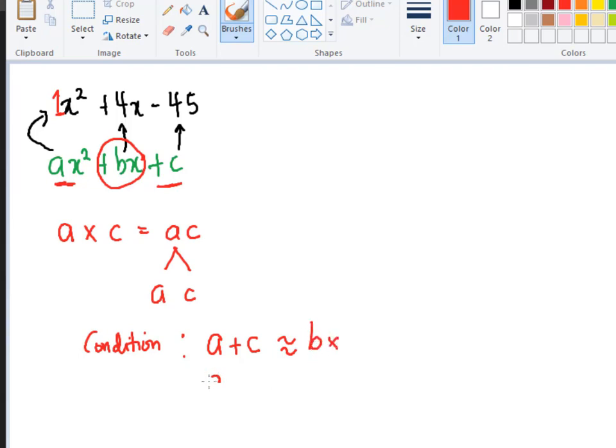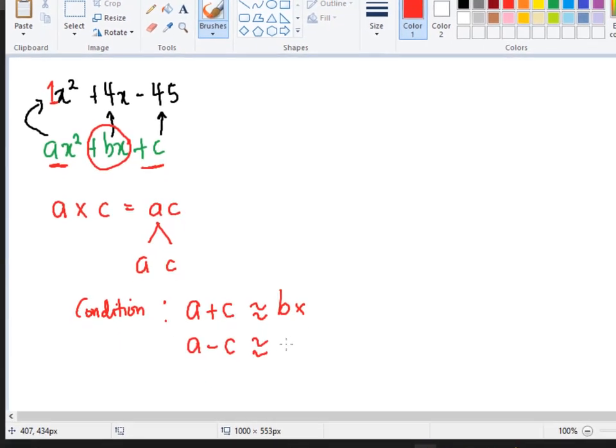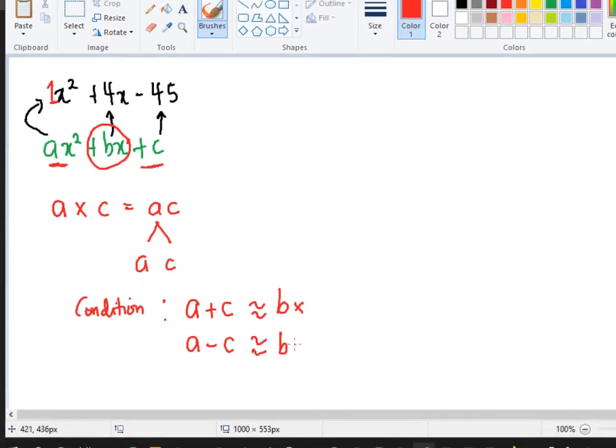Or when we subtract C from A, we should also get bx.